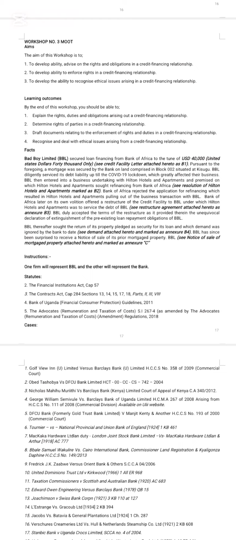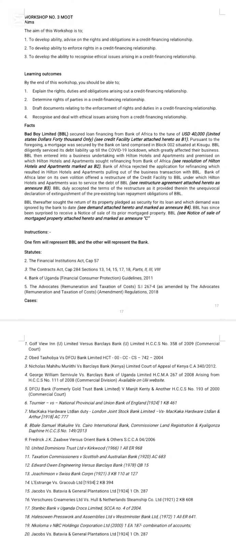Hilton Hotels and Apartments sought financing from Bank of Africa. Bank of Africa rejected the application for refinancing, which resulted in Hilton Hotels and Apartments pulling out of the transaction with BBL. Bank of Africa later, on its own volition, offered a restructure of the credit facility, and BBL duly accepted the terms of the restructure.